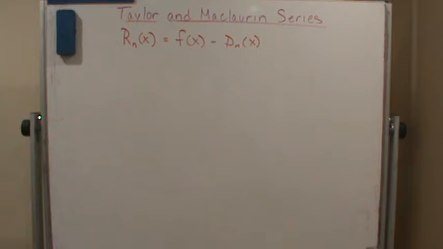And to determine if r sub n converges to 0, we're going to introduce Taylor's theorem with remainder.